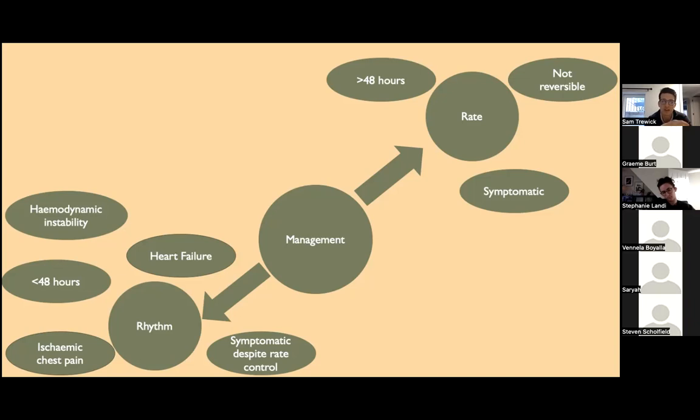If somebody has got ischemic chest pain, and we are confident that is because the atrial rate is going so fast, leading to hypoperfusion of the heart, they can be rhythm controlled. And also if somebody's symptomatic despite rate control, we can opt for a rhythm control option.